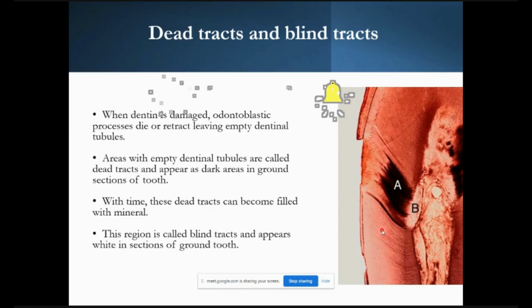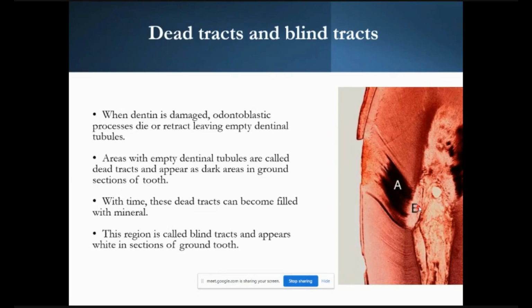It's a part of the pulp, so it just escapes, it just goes back. This leaves very empty dentinal tubules. These empty tubules are called dead tracts, and they appear as dark areas in the ground section.